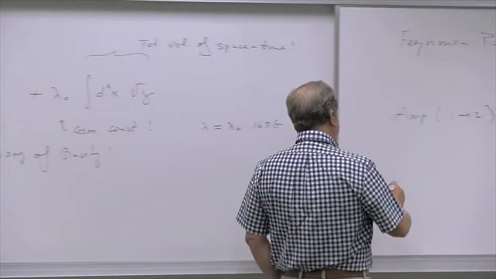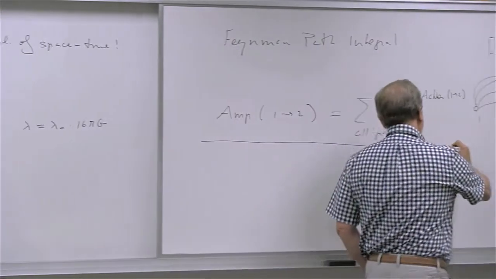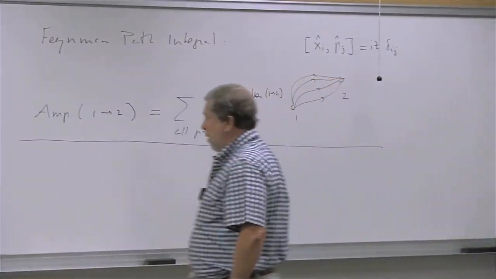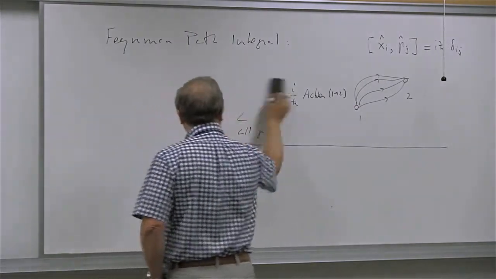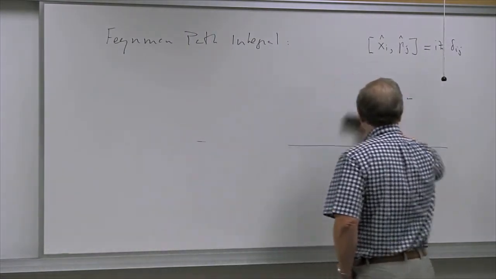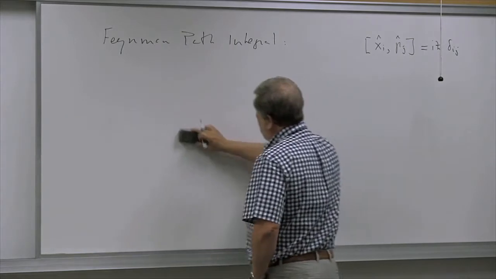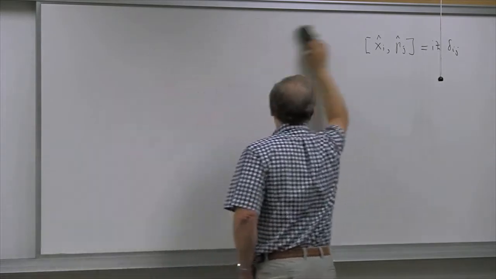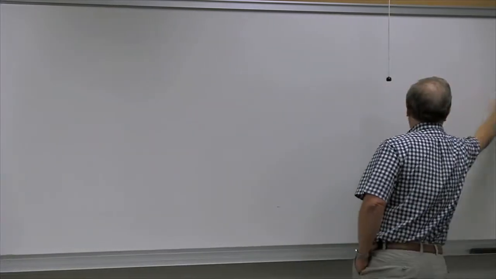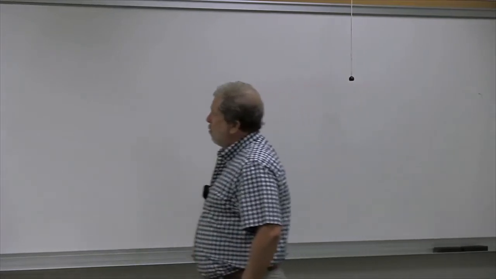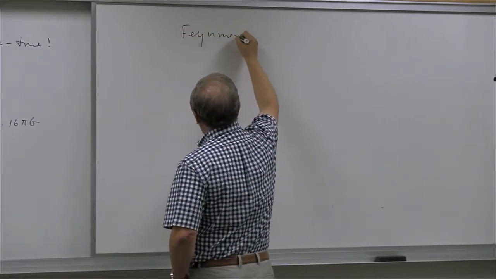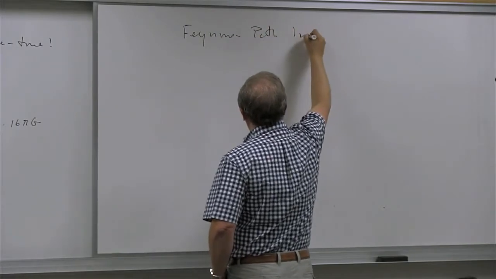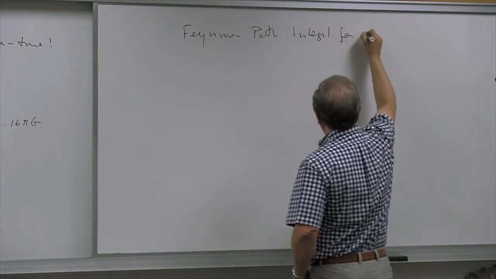So in the case of gravity, we proceed the same way. If we want to understand what the quantum theory of gravity looks like, then the key object is, again, the Feynman path integral for gravity.